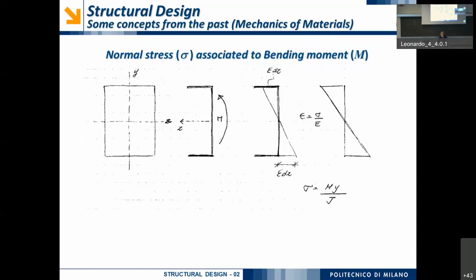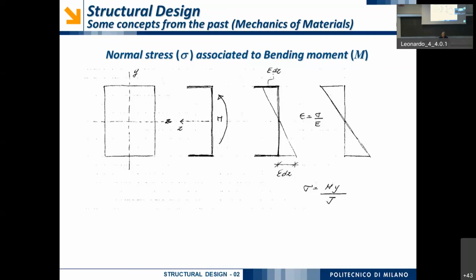But if I have a rotation of the cross-section, it means that when the fibers undergo shortening, there is, in the linear case, a local stress of compression. When the fiber undergoes an elongation, the corresponding stress will be a tension stress.